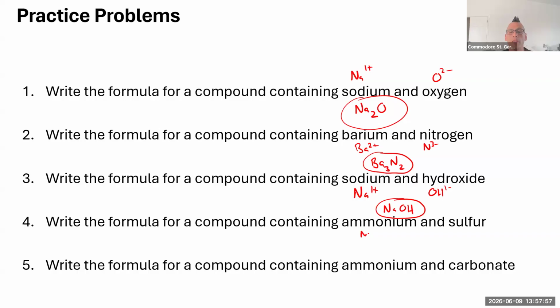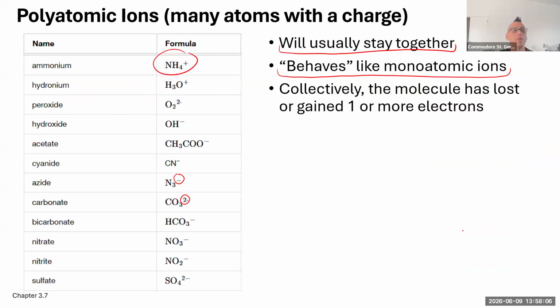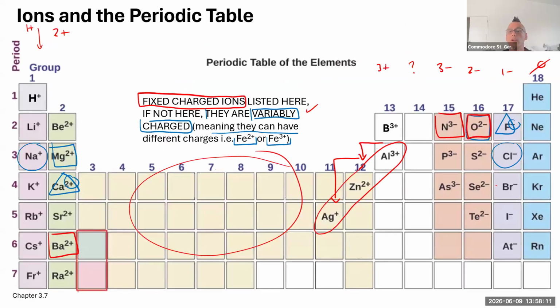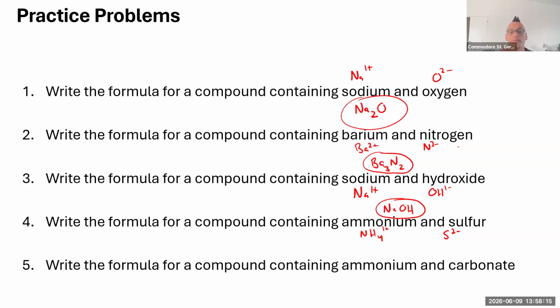Ammonium NH4 1 plus, sulfur S2 minus. So again, ammonium is the 1 plus. Sulfur is over here with its 2 minus. It's a fixed charge ion. So let's bring those down. It's going to be NH4. We need 2 of them, so we need the parentheses and then S, right? This is ammonium and sulfur together.